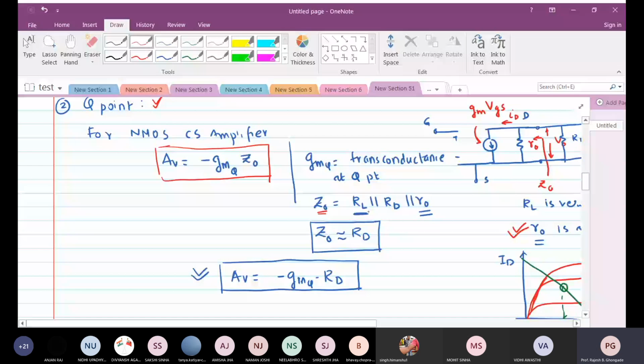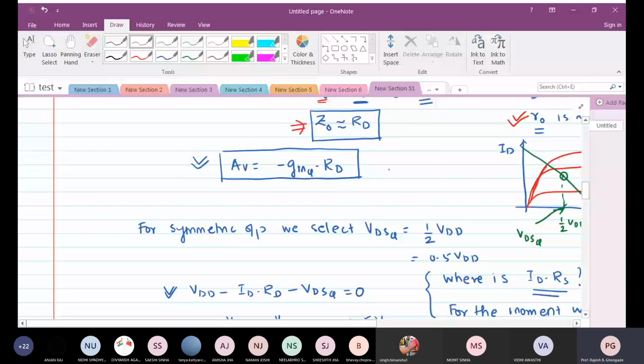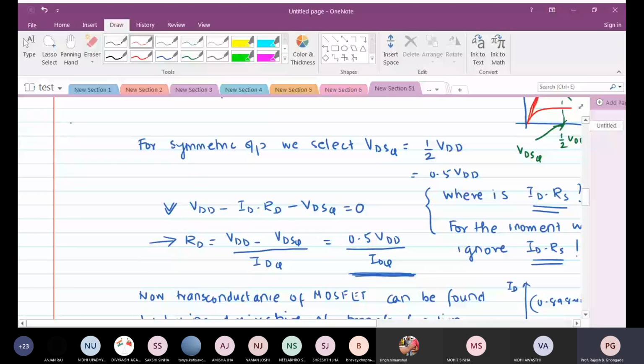Since we know that RO is already very high and RL is given as very high, we can approximate the output impedance to RD only. So my equation now becomes AV, that is the voltage gain, equal to minus GMQ into RD. Then we went for the selection of the VDSQ.